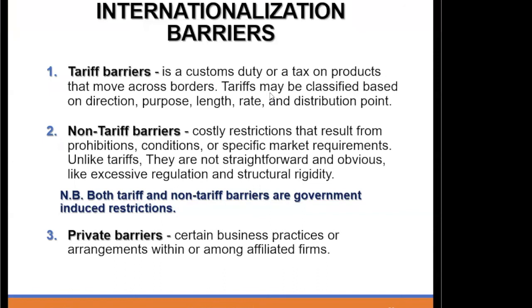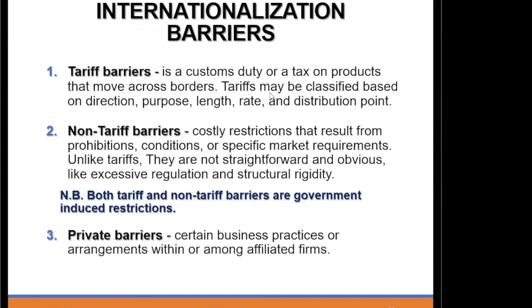Then for non-tariff barriers, these are generally costly restrictions and prohibitions, and sometimes conditions, which are often imposed by governments and policymakers to restrict the movement of certain products and services across markets. Now, unlike tariffs, they are not straightforward and obvious, but they will often come in the form of regulation, right?